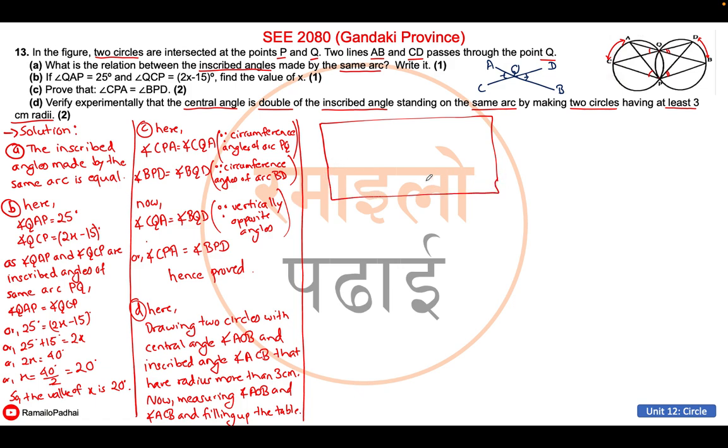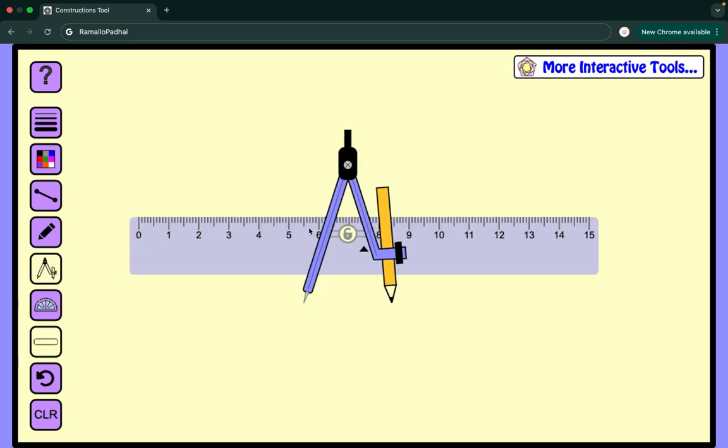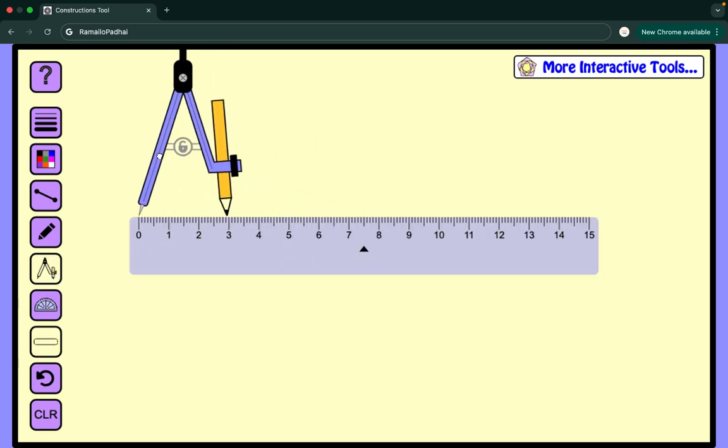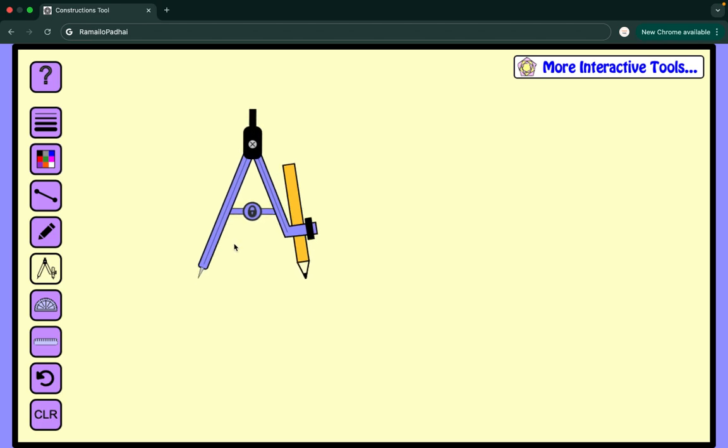Fine. So let's make two circles that have more than 3 centimeter radius. Okay.